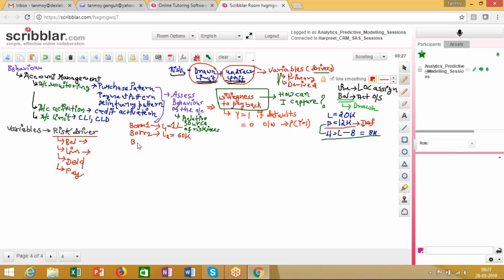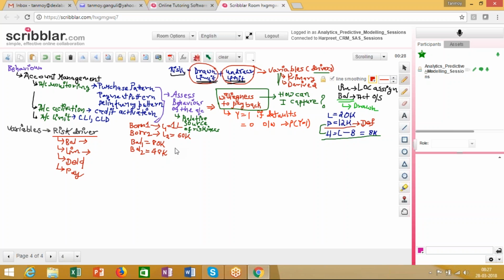So the balance for borrower one is say 80,000, and the balance for borrower two is 48,000. So this is what the idea is.